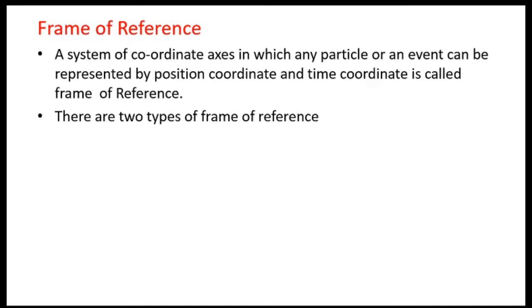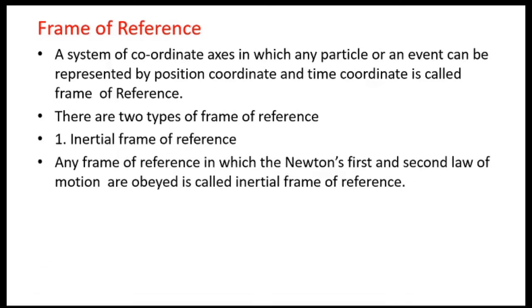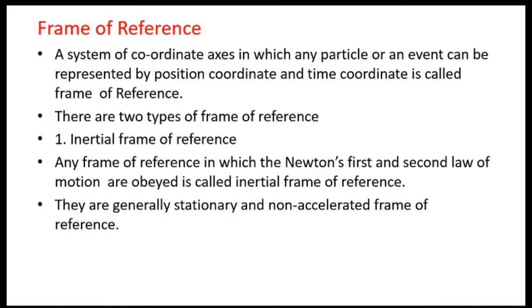Now there are two types of frame of reference. The first one is inertial frame of reference and the second one is the non-inertial frame of reference. So first we will see what are the inertial frames of reference. Any frame of reference in which Newton's first and second laws of motion are obeyed is called the inertial frame of reference. Now what are the characteristics of inertial frame?